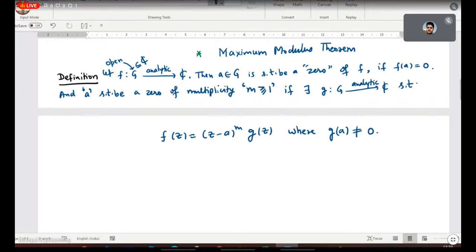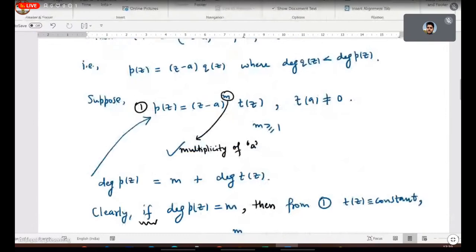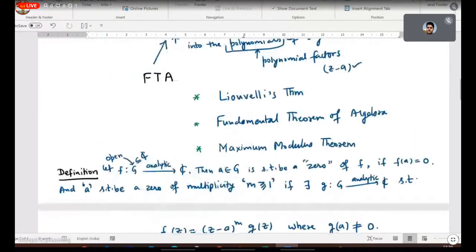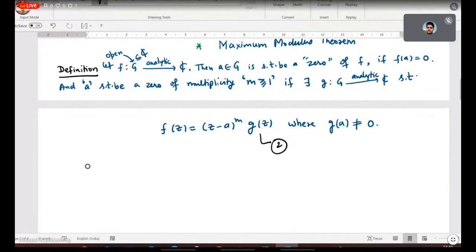If you see, class, this definition is almost in agreement with definition number 1. If you allow me, let me call it number 2. So this is how we define a zero of a given analytic function having multiplicity.